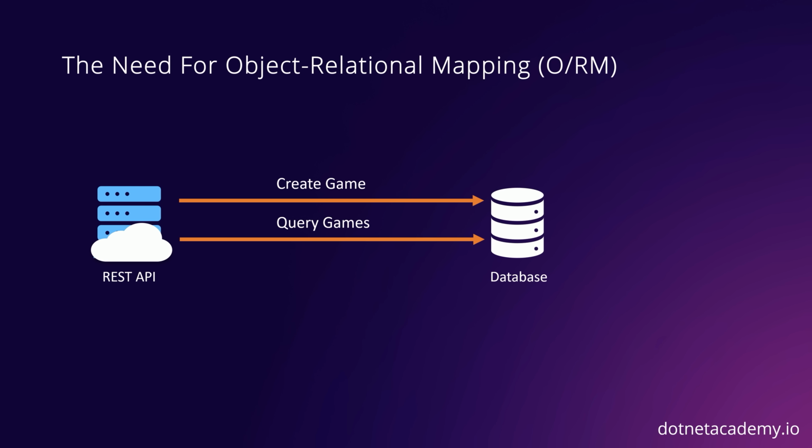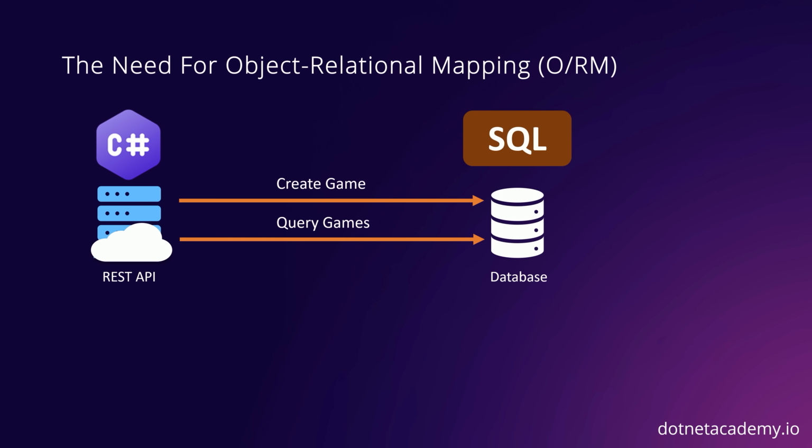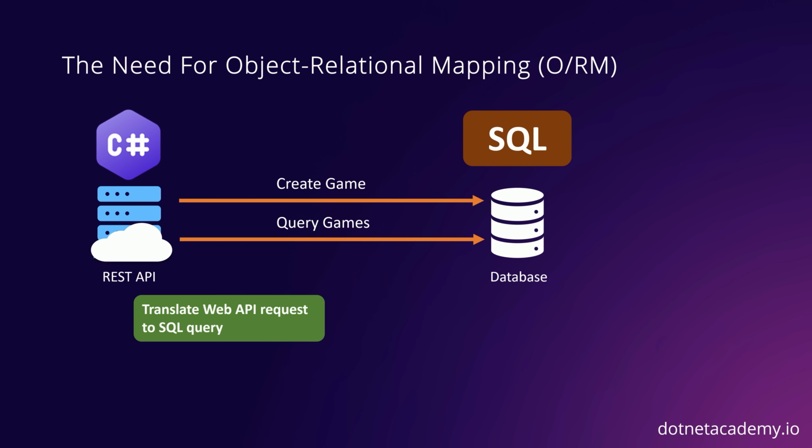The database does not speak the same language as your ASP.NET Core API. Your API is coded in C#, but your relational database server only understands the SQL language. That means that to fulfill that request to retrieve games, your C# code needs to translate the API request into a carefully crafted SQL query, and then send that query to the database server.